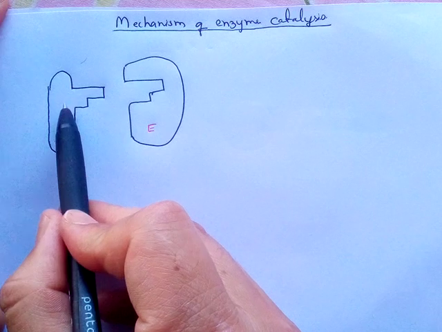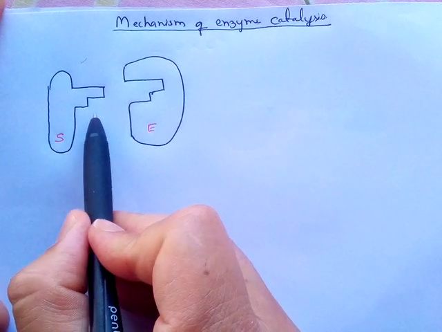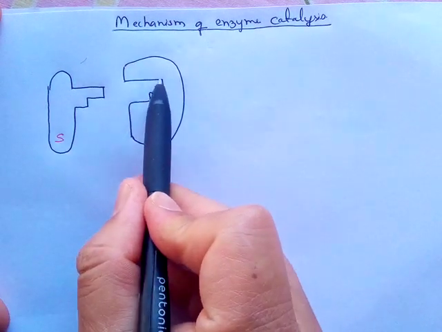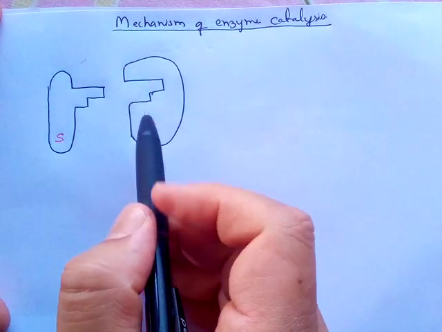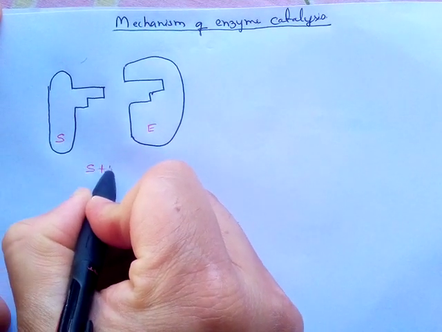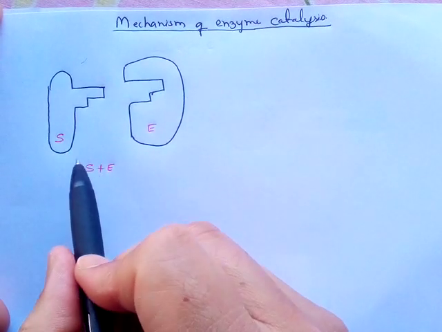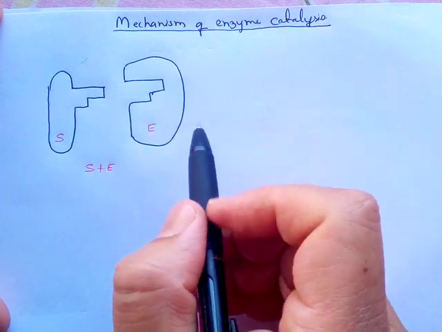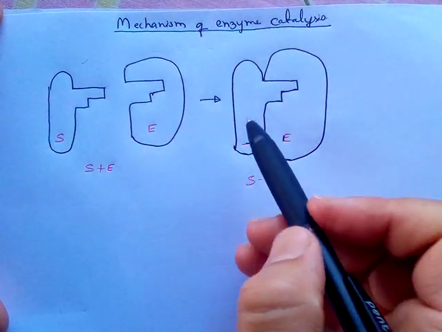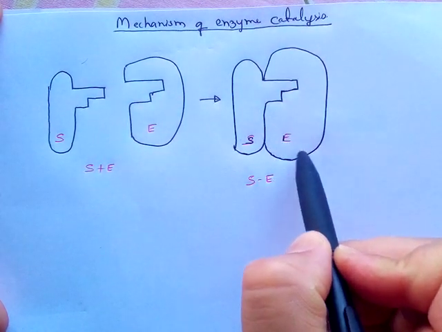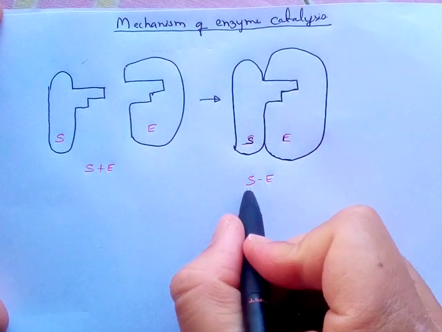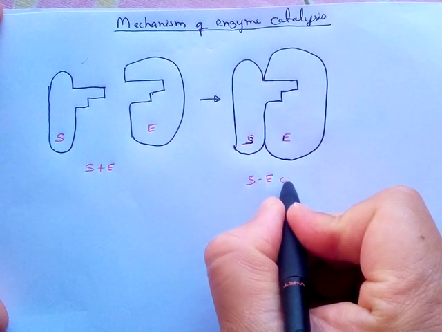See, look at this, the shape. I've just drawn this one. The shape of this substrate is complementary with the cavity of the enzyme. All right. So this is your substrate plus enzyme. Now the substrate goes and attaches with the enzyme. Now you can see here the substrate fits into the enzyme's cavity, right? So now this is called the substrate enzyme complex.